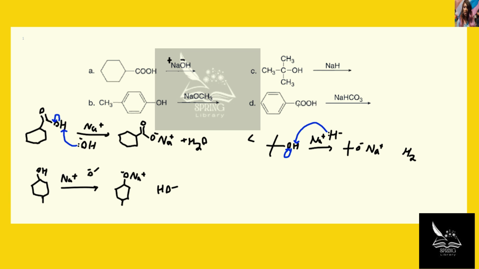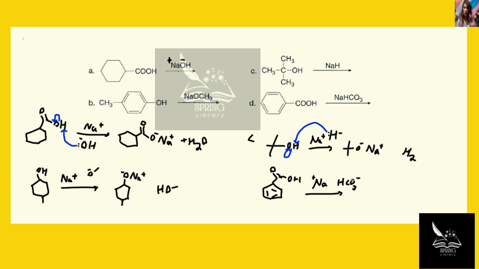And now in the last one, we actually have sodium carbonate reacting with the same acid as in A, or a similar acid. It's a benzene ring this time. Same thing, sodium will fully dissociate from the carbonate to make CO3 2-.